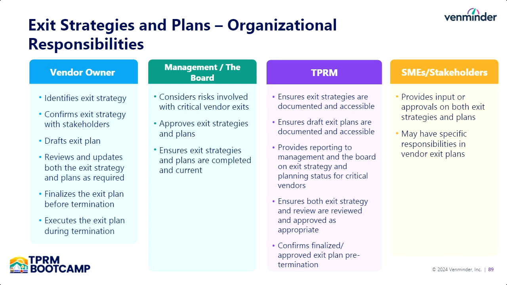They would also take a look at the strategy and review to make sure that they've been approved as appropriate, and confirm that finalized and approved plans are available, ready to go before termination.